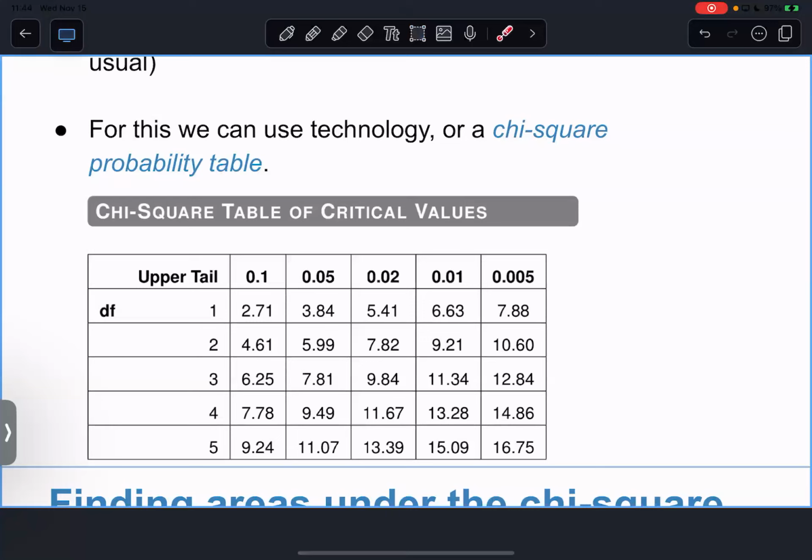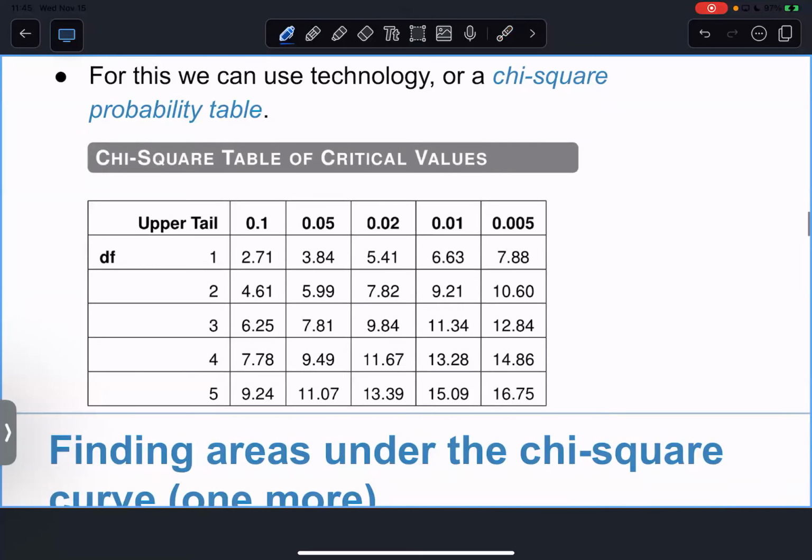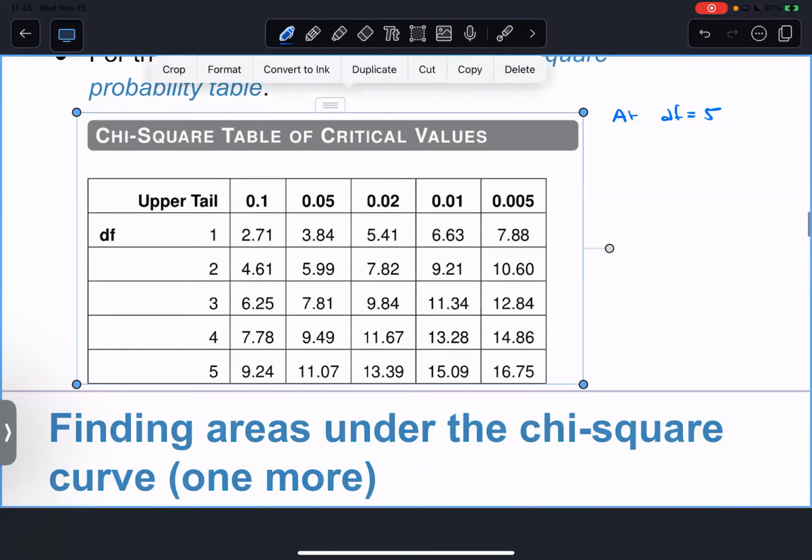So what does this look like? This tells me the upper tail area. And depending on your degrees of freedom, in this case we have 5 degrees of freedom, so we're way down here on this lower line. What this tells us is that at degrees of freedom equal to 5, for example, let me move this over a little bit.